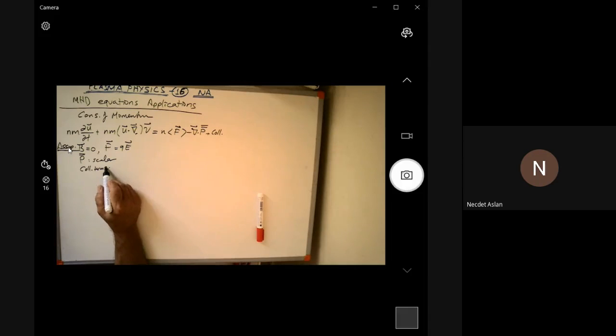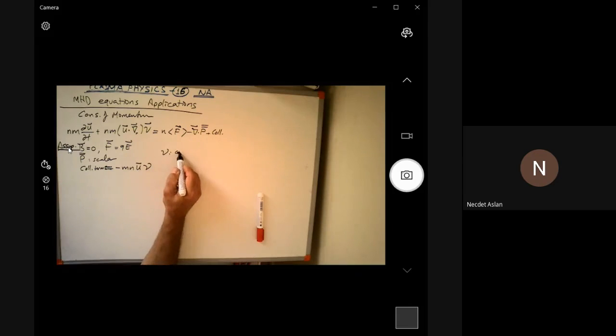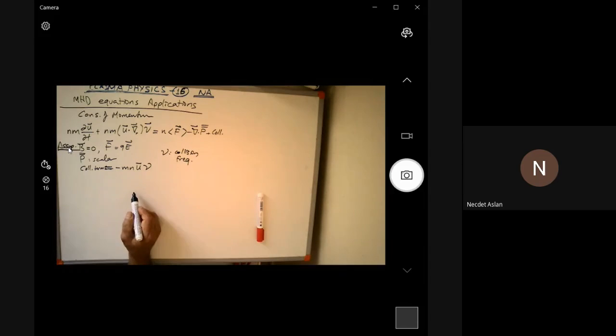The collision term is given as minus m n u nu, a vector by the way, where nu is the collision frequency. Collision frequency has units of 1 over seconds, or hertz, and u is velocity.